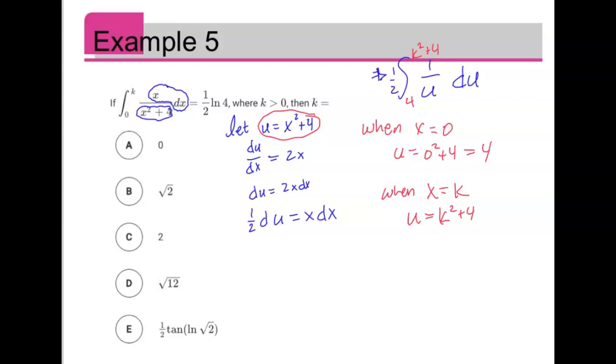All right. What is the antiderivative of 1 over u? Yes. Natural log absolute value of u. So I have 1/2 natural log absolute value of u from 4 to k squared plus 4.